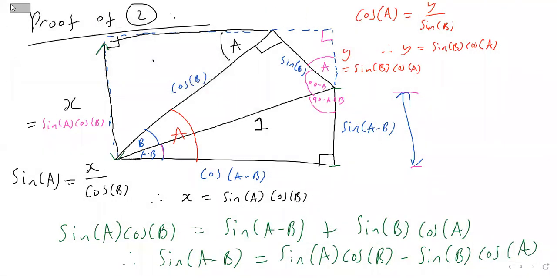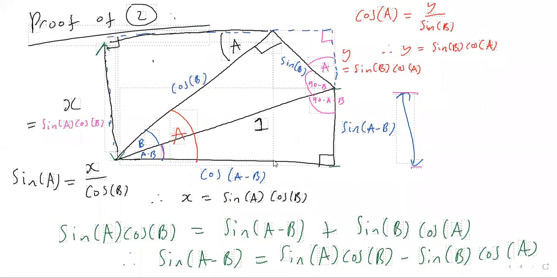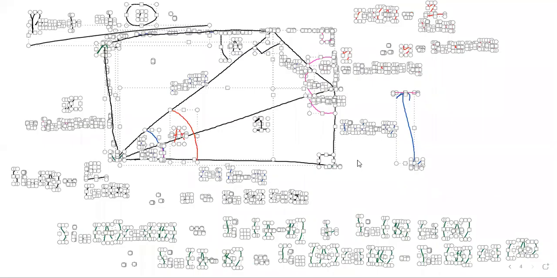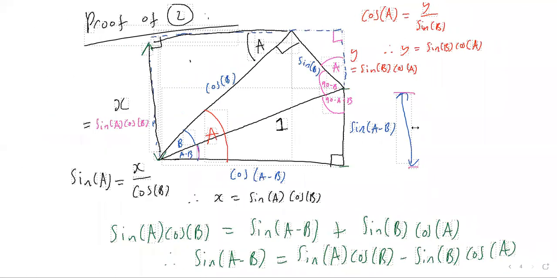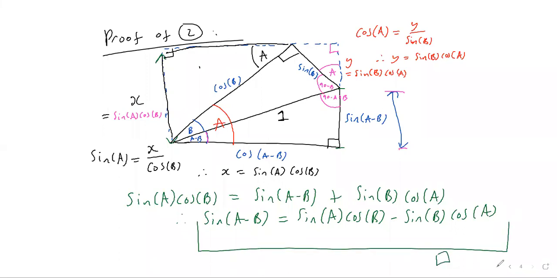So that's how you would prove that second identity. And you just need to know roughly how you prove these identities using this kind of geometrical argument. I'm just going to try and make my writing smaller. There we go. So we get this result down here, and that is the proof done.